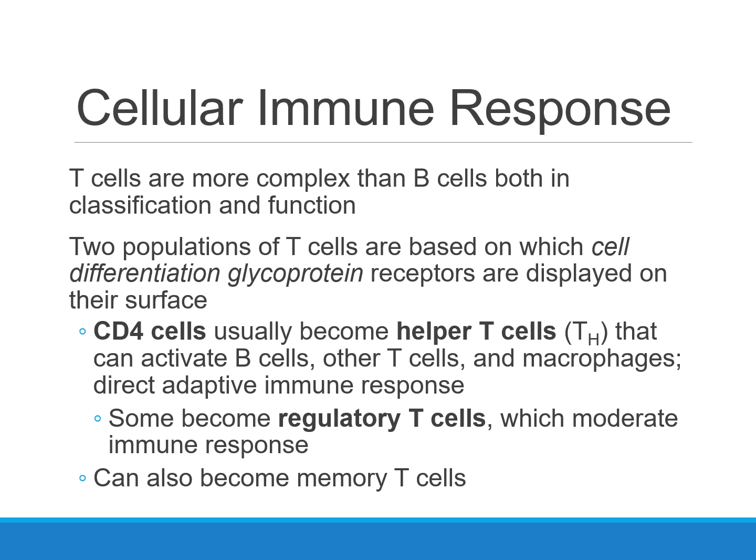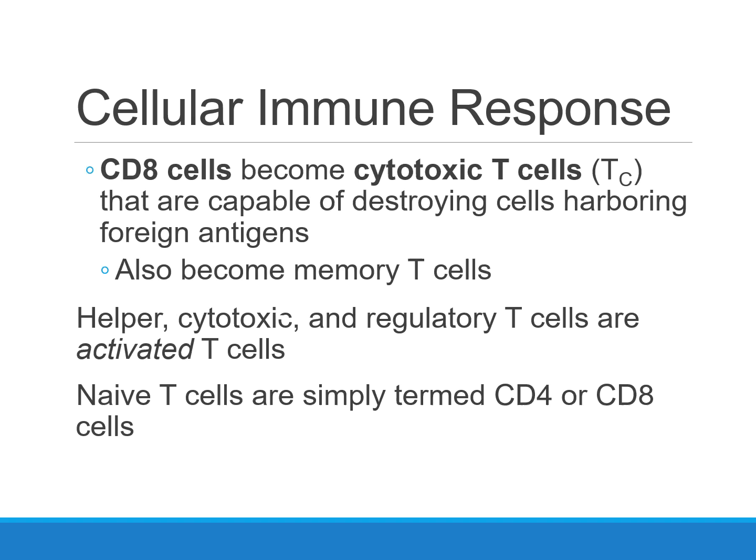So helper T tells you what it does. It helps, right? Some become regulatory Ts, which actually help to moderate the immune response. They used to call these suppressor T cells. Basically, what they do is they slow down the immune response after the battle has been won. And then, of course, we can also make memory T cells just like we did with B cells.